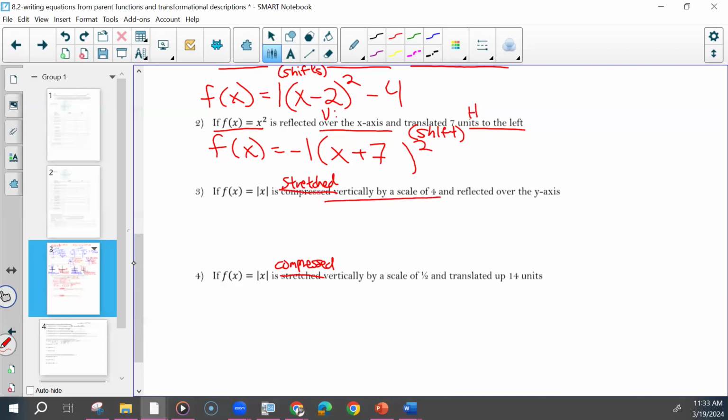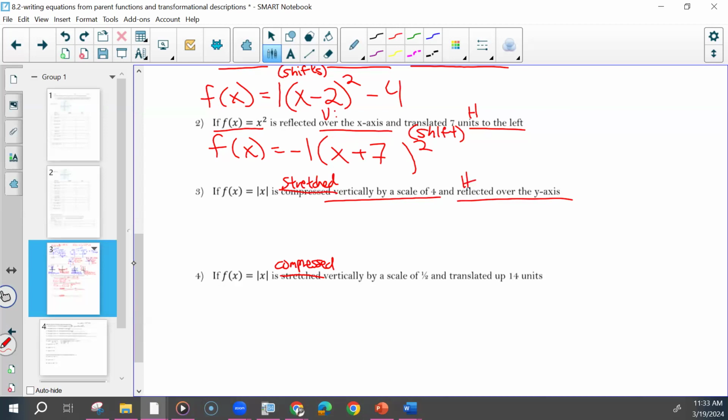So what's nice about being stretched or compressed, it tells you whether that's vertical or horizontal. You don't have to guess. If it's reflected over the y-axis, is that a horizontal or vertical reflection? Horizontal. This would be vertical, but this would be horizontal.